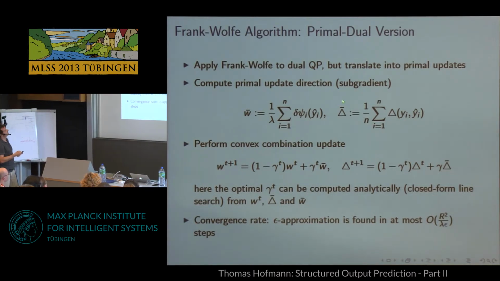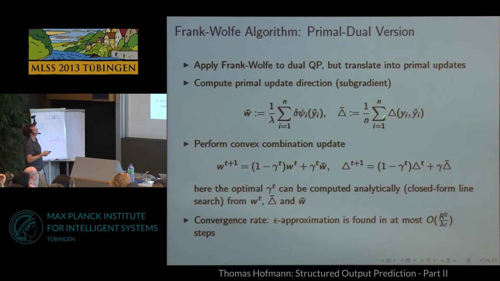So if you look at what this actually does for us back in the primal, it's basically what you effectively compute through this Frank-Wolfe dual: the update direction, which corresponds to this expression here. And this is also some bookkeeping you can do with the loss function. Then in the primal, your updates would just read as follows. Your new weight vector is your old weight vector with some decay plus a correction step in the direction of this here.